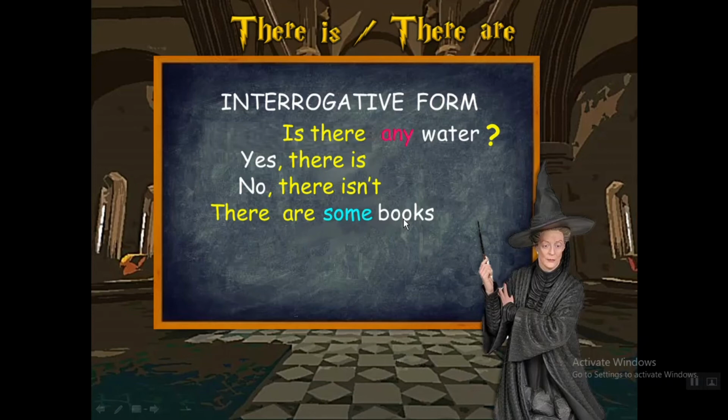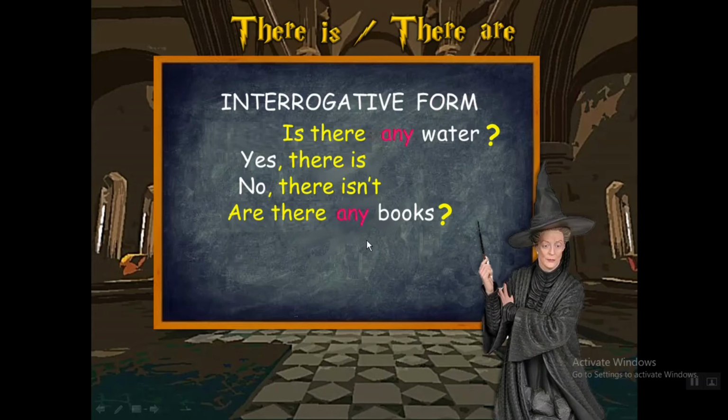If you want to make this sentence a question, what do we do? Excellent. We will place the two words and we replace some with any. Instead of there are, we say are there. Then we replace some with the word any because it's a question.